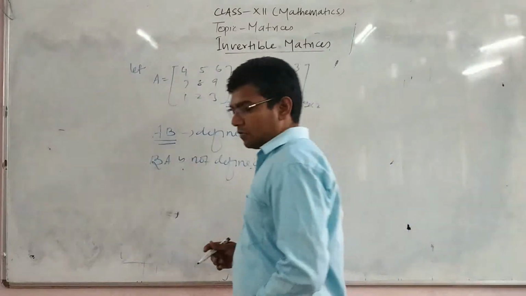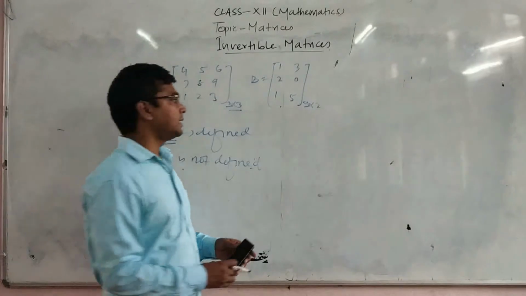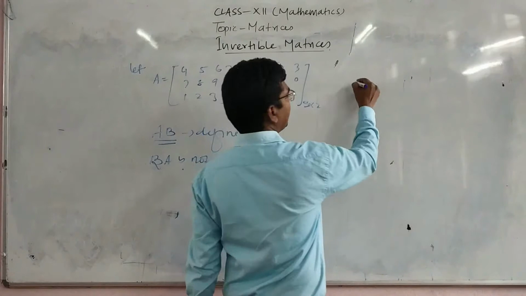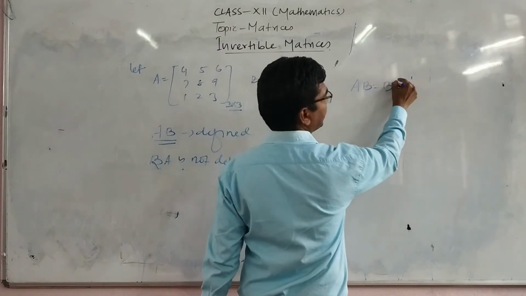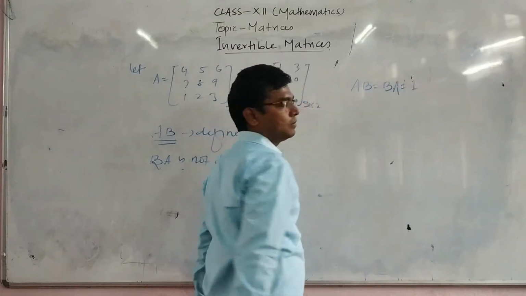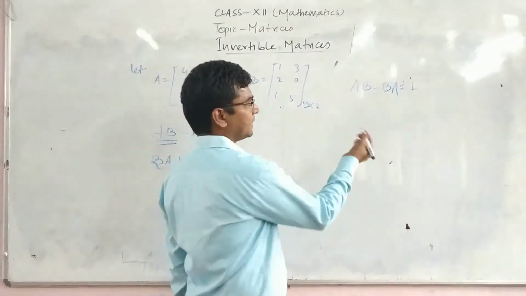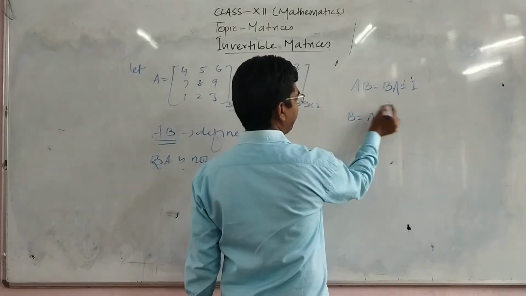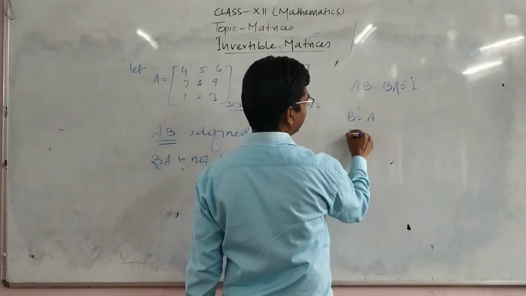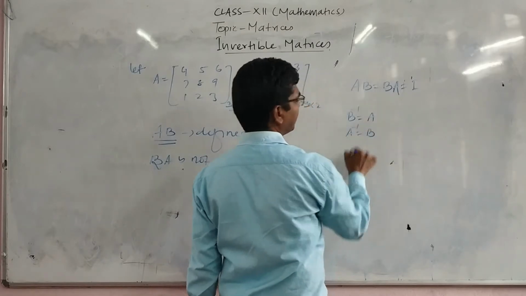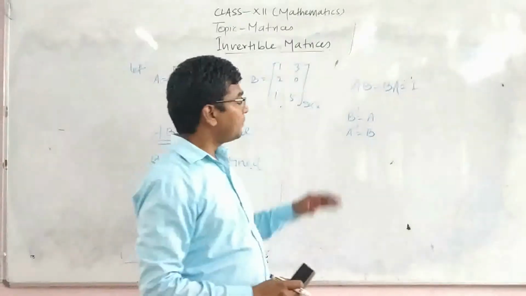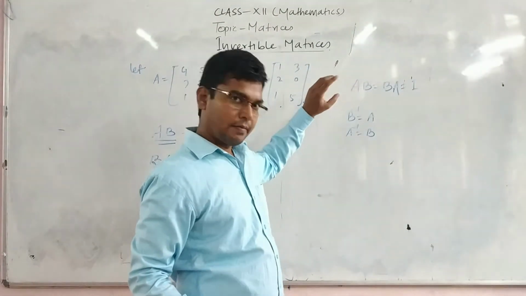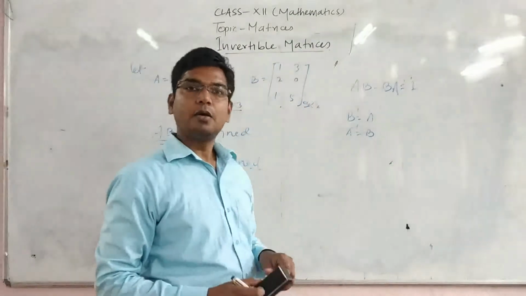Now we will discuss about the uniqueness of the inverse of a matrix. So in the first question we have studied an example where we find that AB and BA both are equal to identity matrix. In that case I have told you that either B is the inverse of A, or A is the inverse of B. So now we will show that the inverse of any matrix, if it exists, will be unique.